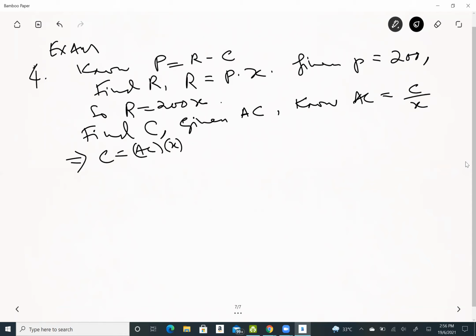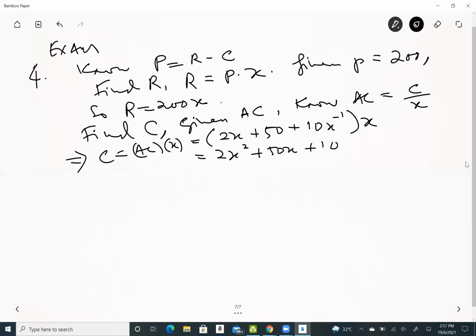So this is a very simple transformation that we need to do. And that will be equal to, the average cost is equal to 2x plus 50 plus 10x to the power of minus 1 multiplied by x. And then what we got will be 2x squared plus 50x plus 10. So that is our cost function.